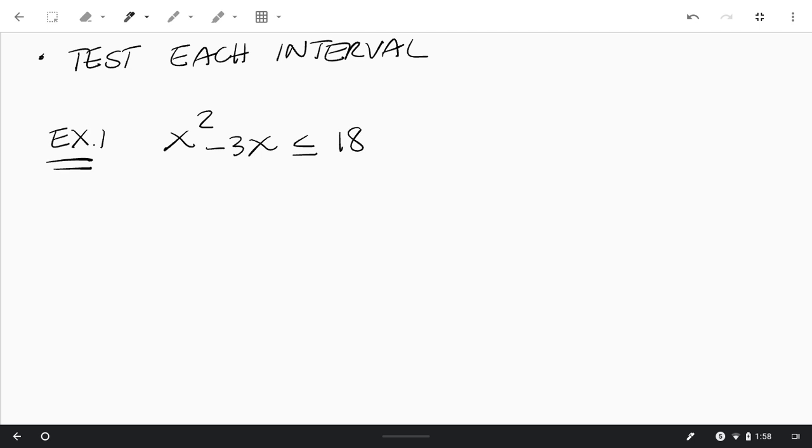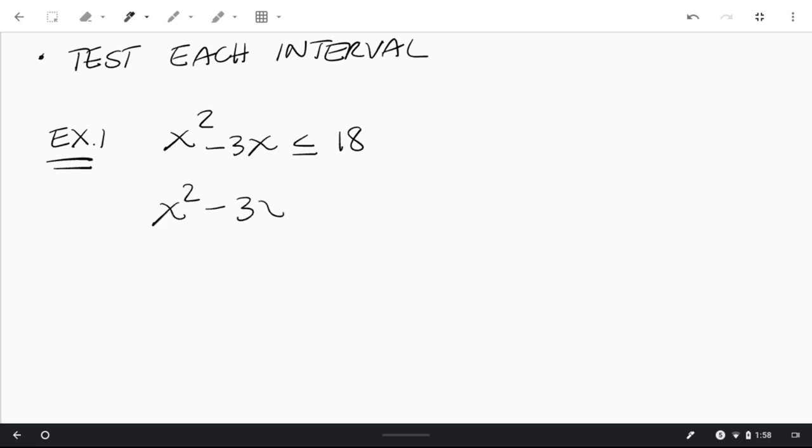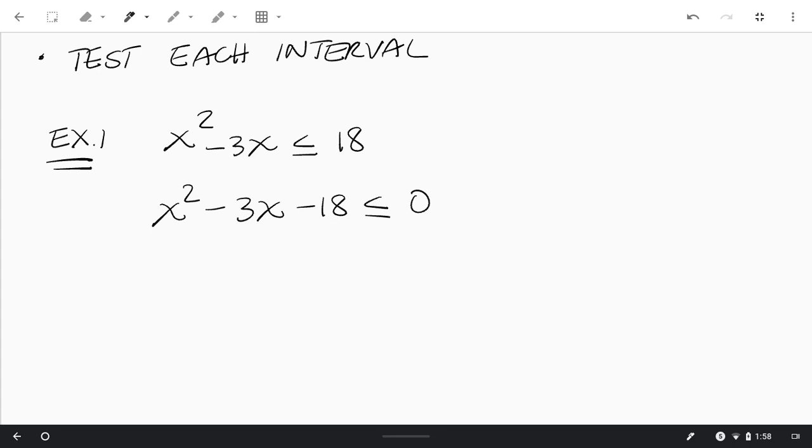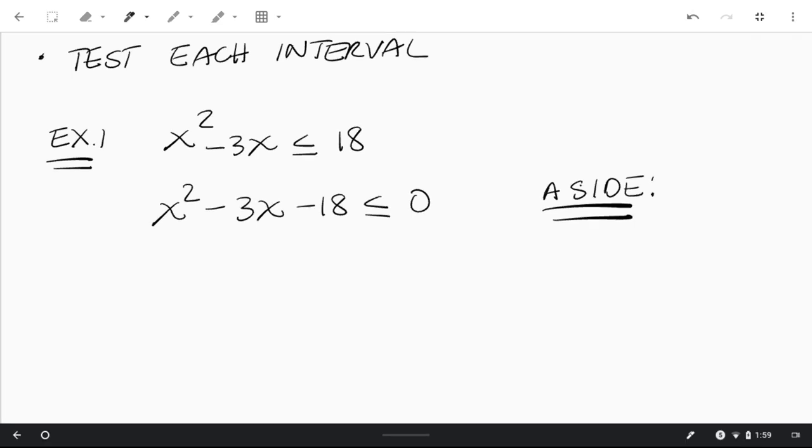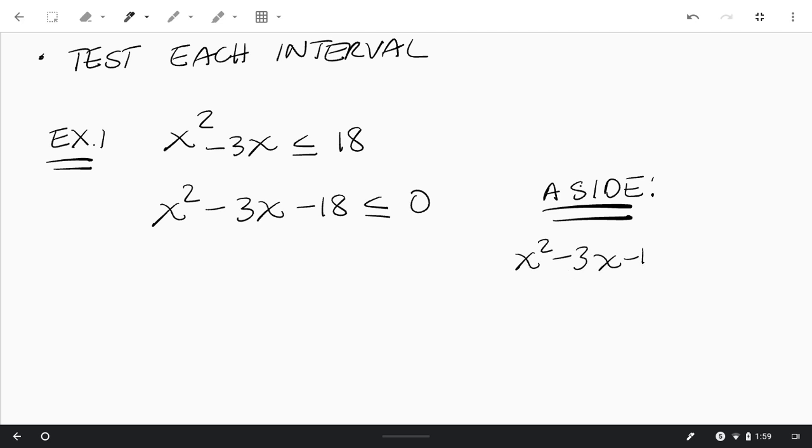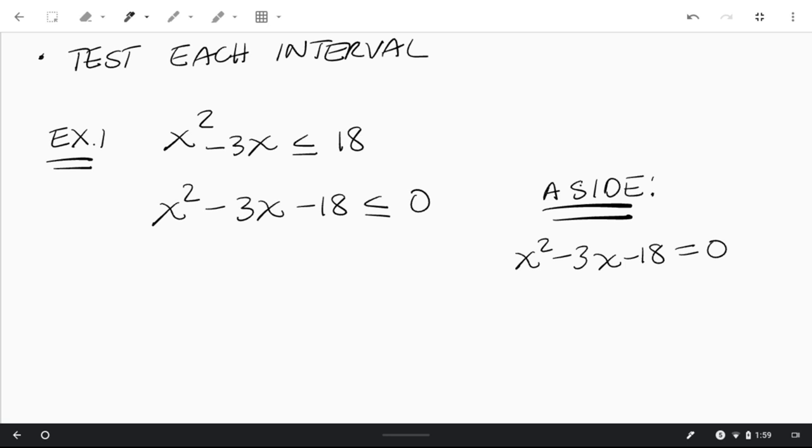So subtract 18 on both sides, and set it to 0. And so then I'm going to go off to the side here to find my critical numbers. So my critical numbers are where this quadratic equals 0. So I'm going to go ahead and solve this quadratic.